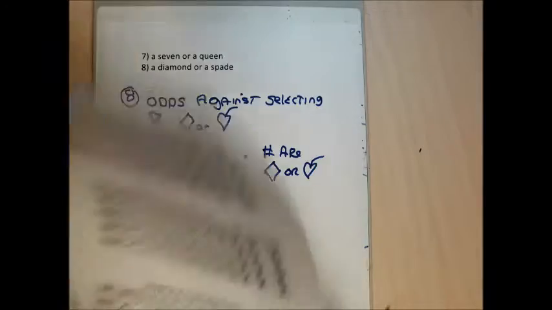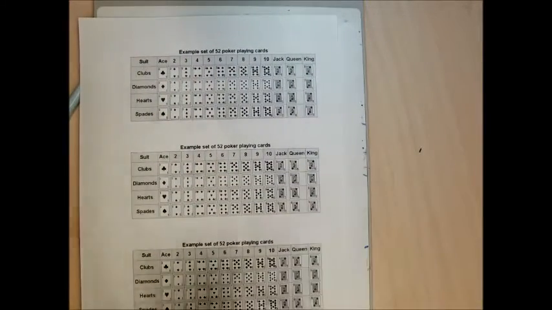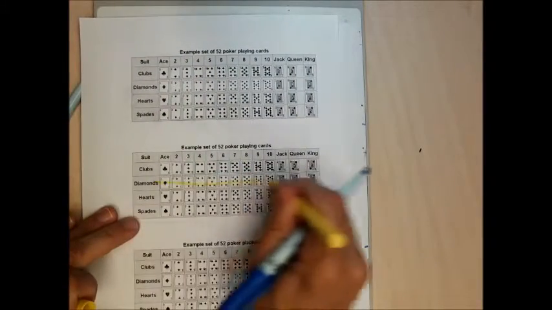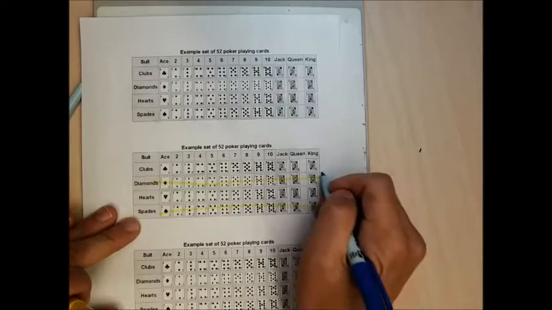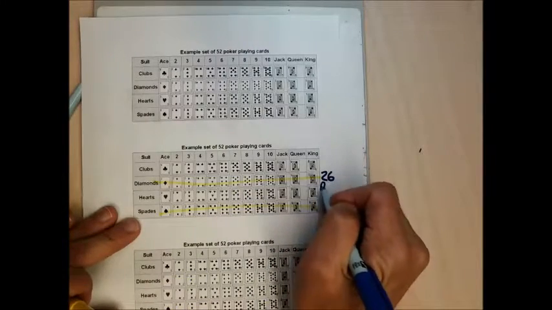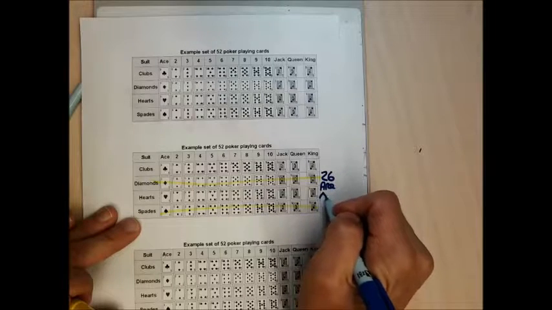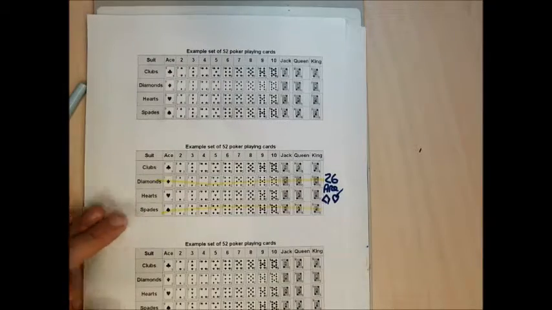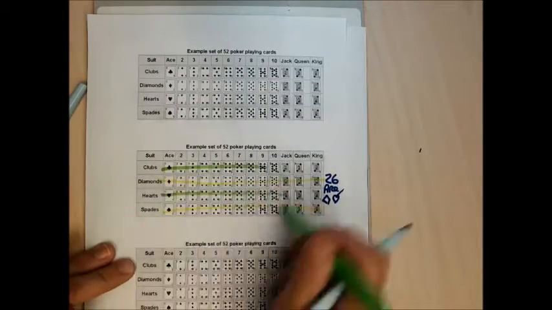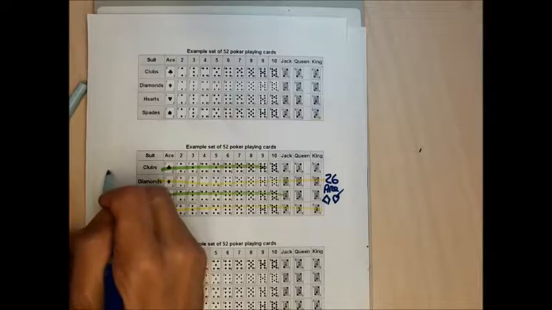It's easier for me to do the or. So for the or, diamonds or spades, there's 13 diamonds and 13 spades. So there's going to be 26 that are diamonds or spades. And then the clubs and the hearts are not diamonds and spades.